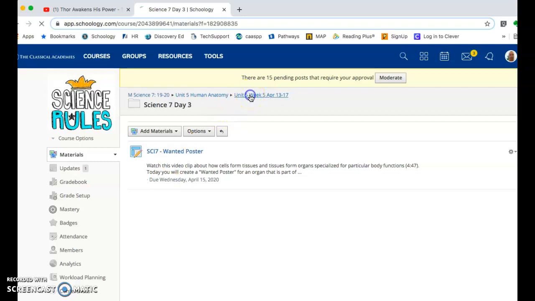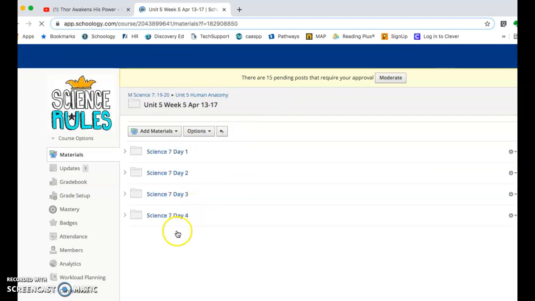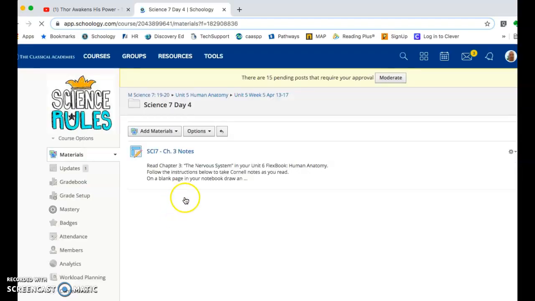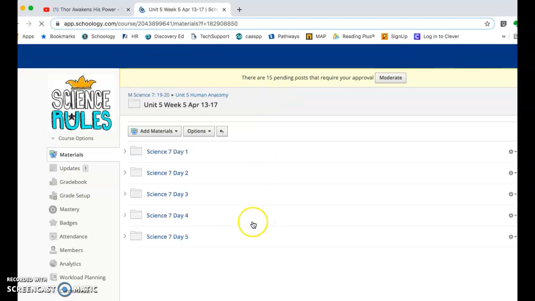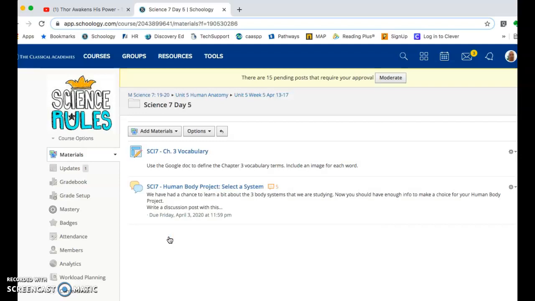And then on Thursday, we will be moving on, and we're going to start looking at the nervous system. So you're going to look at chapter 3 and you're going to take notes. And then finally on Friday, you're going to take a quick look at the chapter 3 vocabulary, same rules as before.